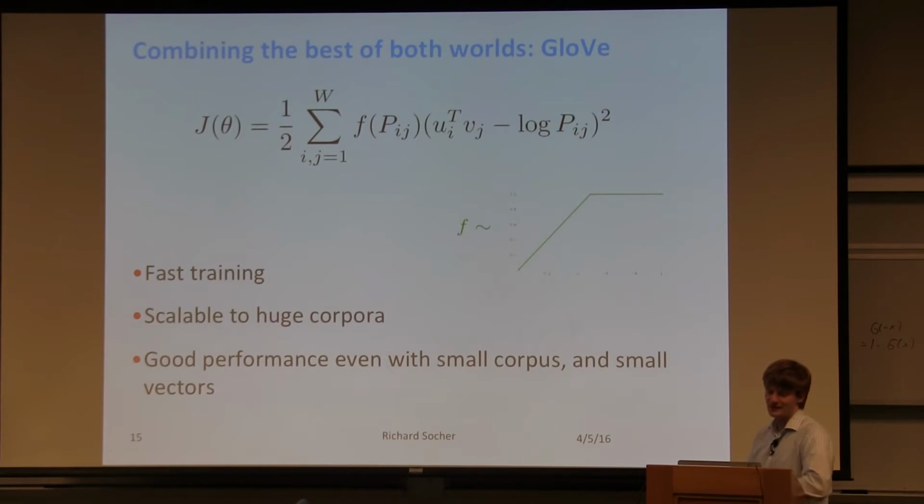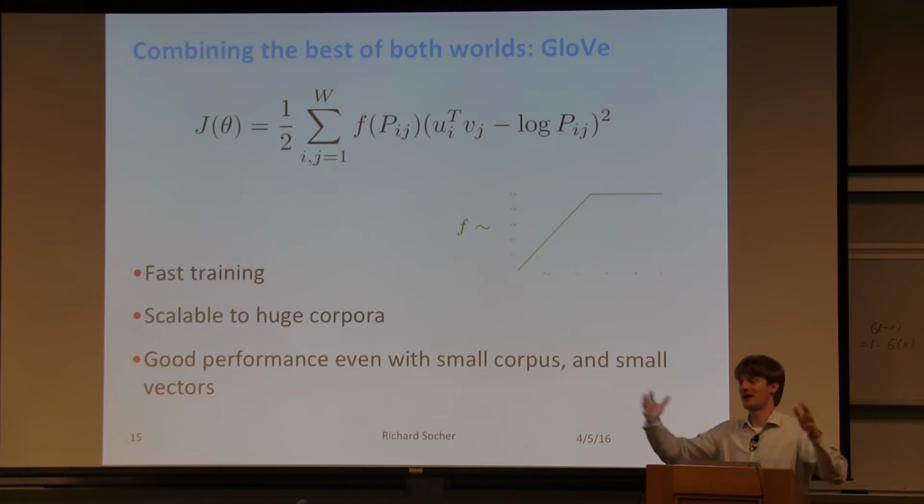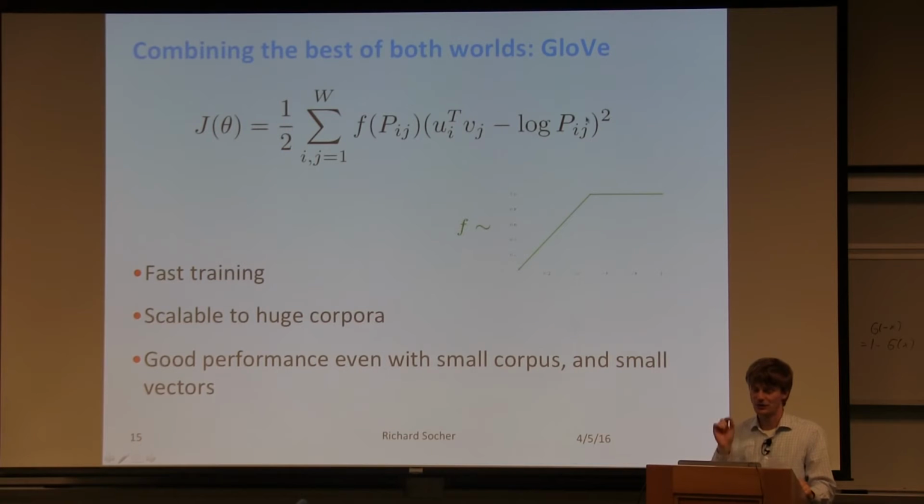So here, the idea is, instead of going over one window at a time, maybe what we should do is collect the whole corpus and all the co-occurrence statistics, like what we started out with when we just used the SVD approach. But instead of running all of SVD, we're going to go over each of the indices of that gigantic matrix X. And we're just going to optimize this function for all the word pairs ij in the corpus.